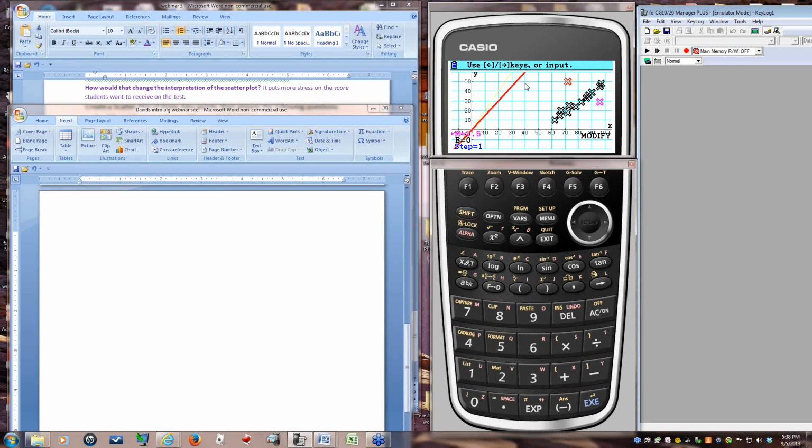I've got to drop my line down because I need to get this point that's way up here into this line. So let's make it negative 20. Oops, no, I don't want to do that, so I'm just going to exit. Let's look at what the y-intercept is, and let's enter negative 20.